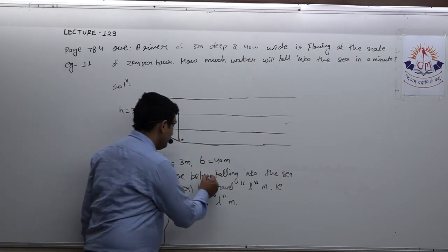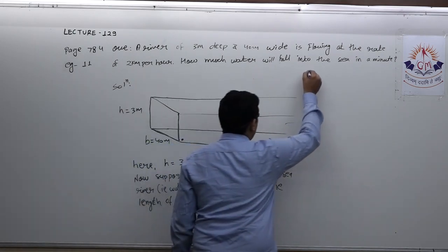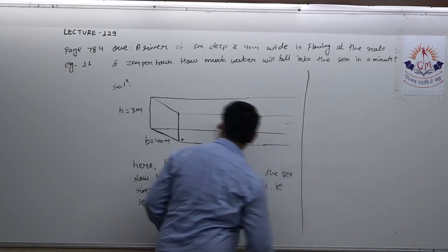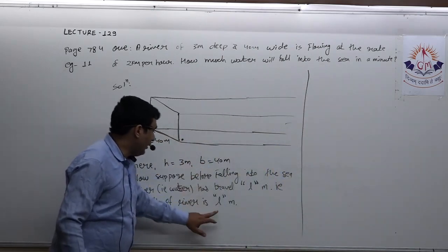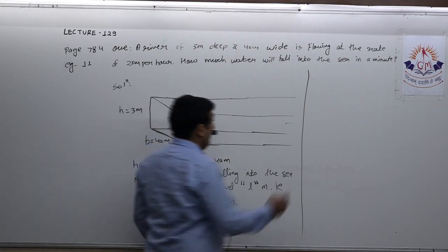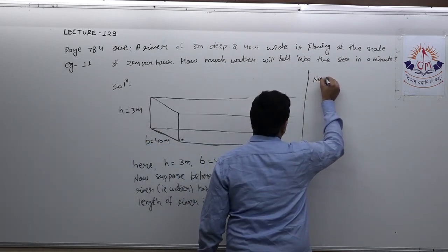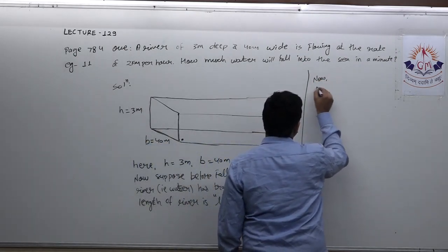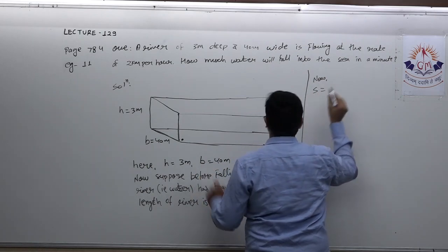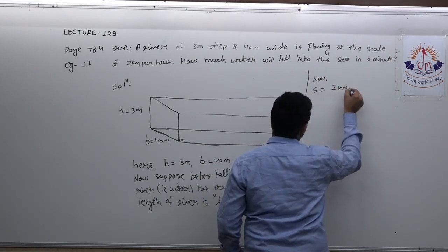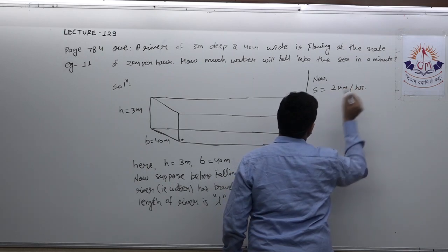Okay, so now here we have h, we have b, now we have to find L. Now speed is equal to 2 kilometer per hour.